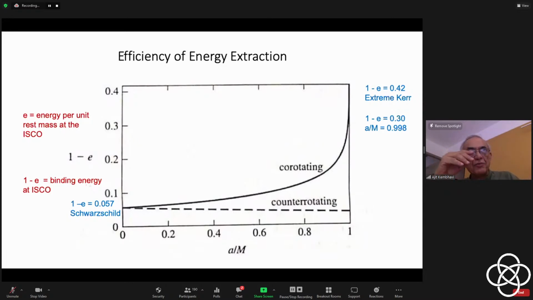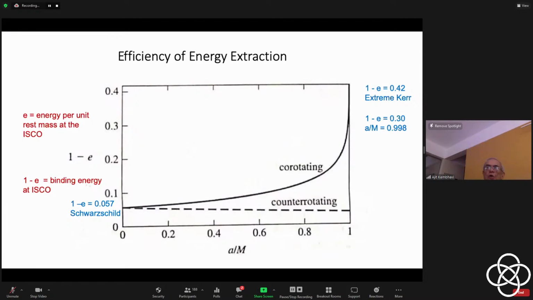But at a certain speed of the Earth, the centrifugal force will be so much that the particle trying to come in is thrown out again. So this is exactly that. As A approaches M, you require infinite energy to reach the orbit. But for A equal to 0.998, because this is dropping very rapidly, the efficiency is 30%.